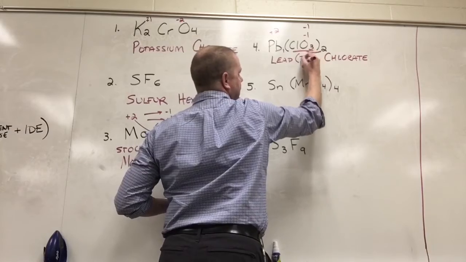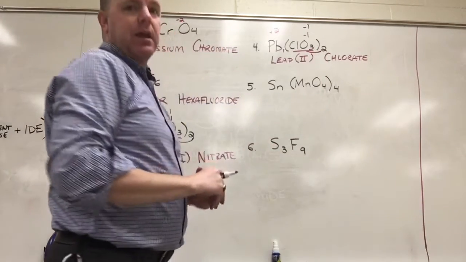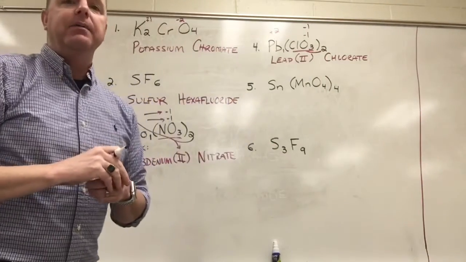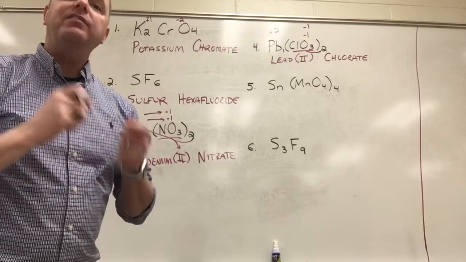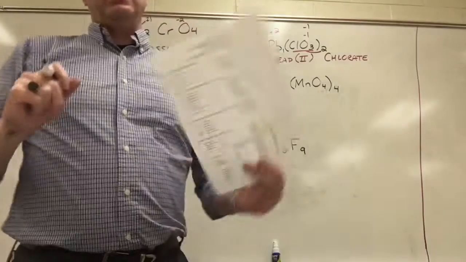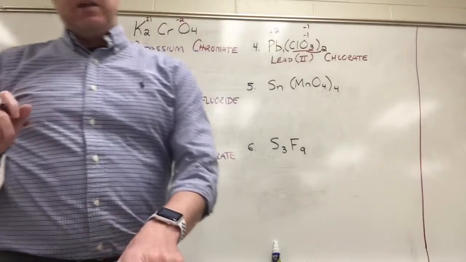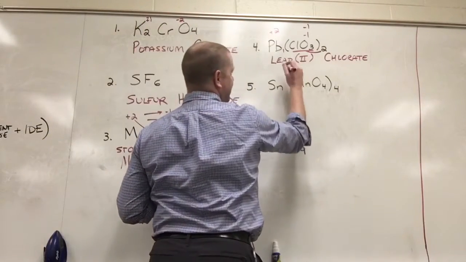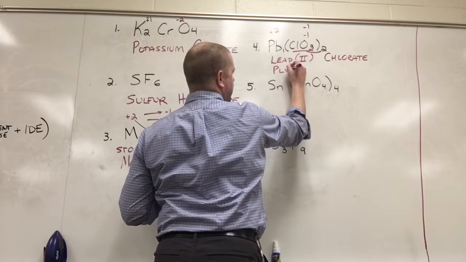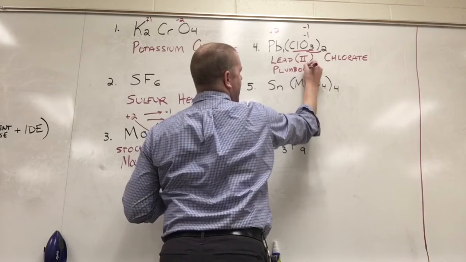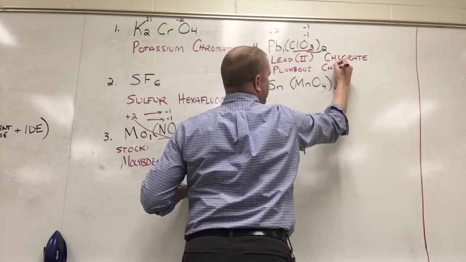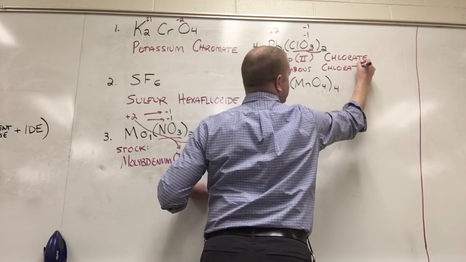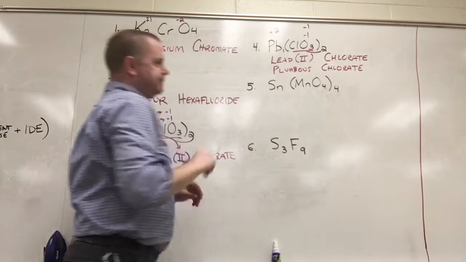This is lead(II) chlorate. Now I ask myself, okay, that's the stock name. Does it have a common name? Well, I look on my ion sheet, and under Pb+2 is plumbous. So instead of lead(II), it could also be said to be plumbous. And this part stays the same, so it's plumbous chlorate.